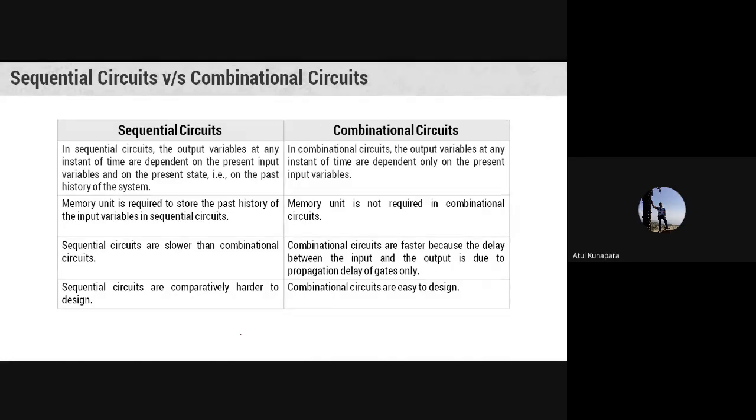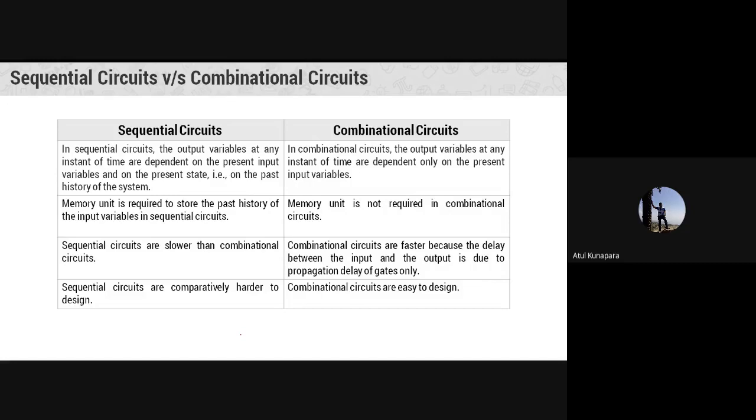the comparison between combinational circuits and sequential circuits. If we take an example of these two circuits, you can give the example as one more point of comparison. After these 4 points of comparison, you can add one more point with the example. In combinational circuits, you can put examples like adder, multiplexer, decoder, encoder. These are all examples of combinational logic circuits.